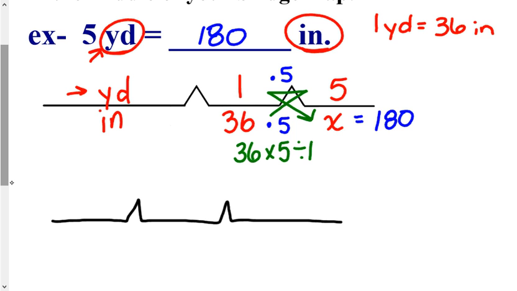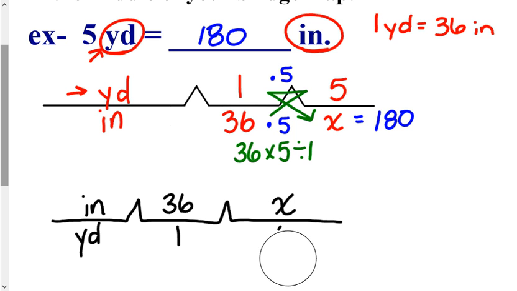So if I did it this way instead, if I said there are 36 inches in 1 foot, how many inches in... 36 inches in 1 yard, not feet, sorry. 36 inches in 1 yard, how many inches in 5 yards? Let me fix that. I'm making all sorts of mistakes today. How many inches in 5 yards?